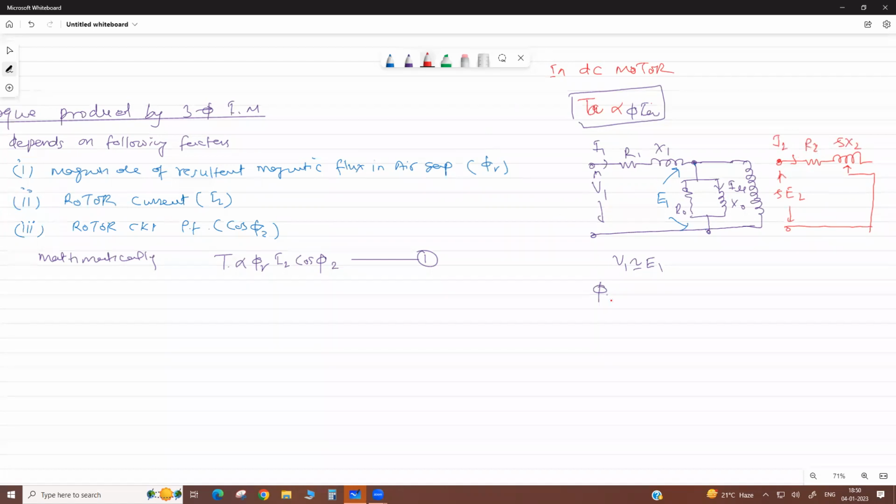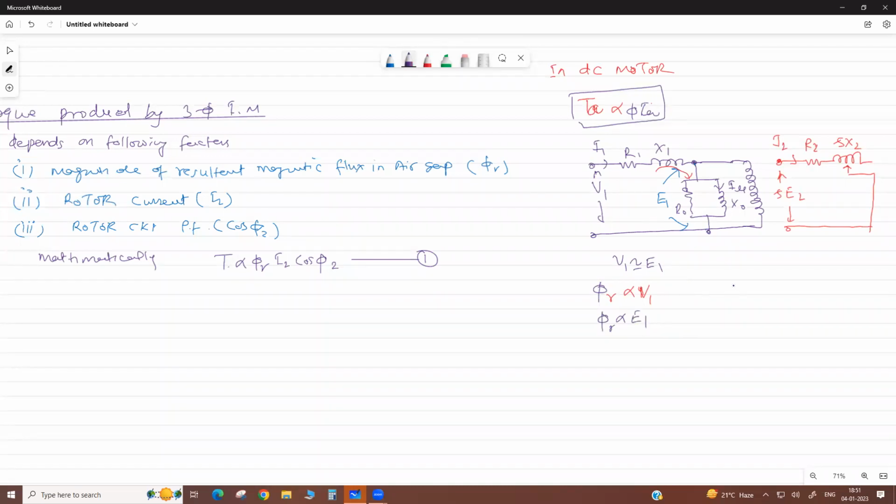So actually this resultant flux is directly proportional to the magnetizing current, or it is proportional to your applied voltage V1. And you know V1 equals E1, so we can replace it with E1. Means this phi R is proportional to E1.